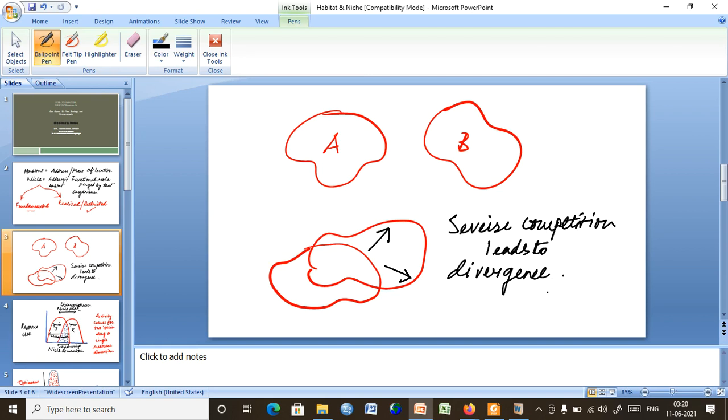For the first condition of these two species, we use the term fundamental niche. And in the second condition, we use the term realized or restricted niche. So in this way, two species may interact with each other.